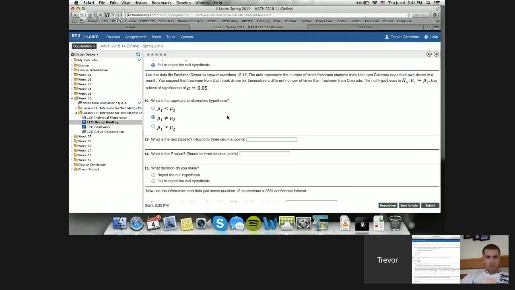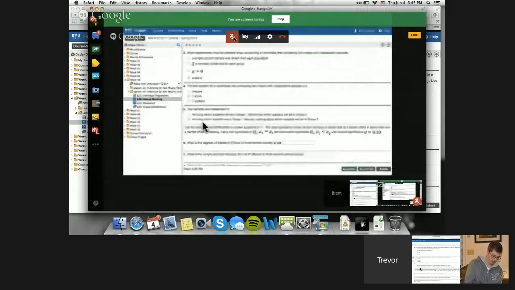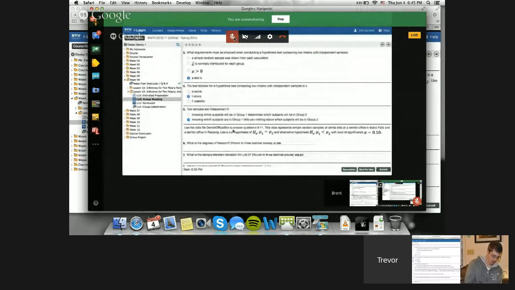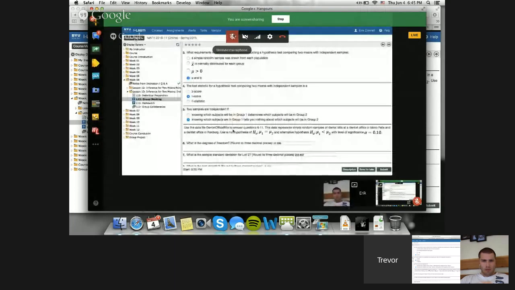The null hypothesis is mean 1 equals mean 2, significance level of alpha equals 0.05. So the appropriate alternative hypothesis is just going to be doesn't equal, that one, because it's just saying a different number.